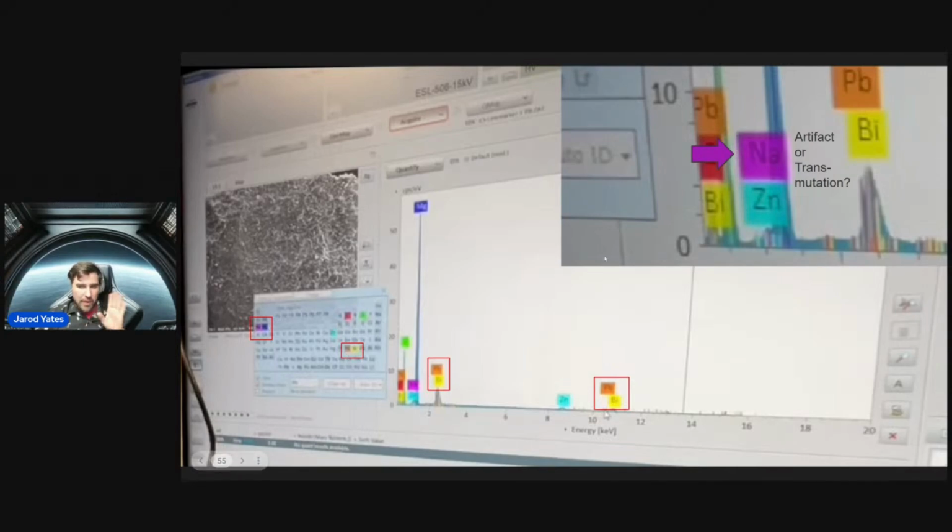So I'm just throwing this idea out there that the magnesium being transmuted into a few artifacts of sodium, or some of the presence of lead that we're seeing, maybe that could have been bismuth getting transmuted into lead. I'm just throwing that out there as an idea. Take it with a grain of salt.